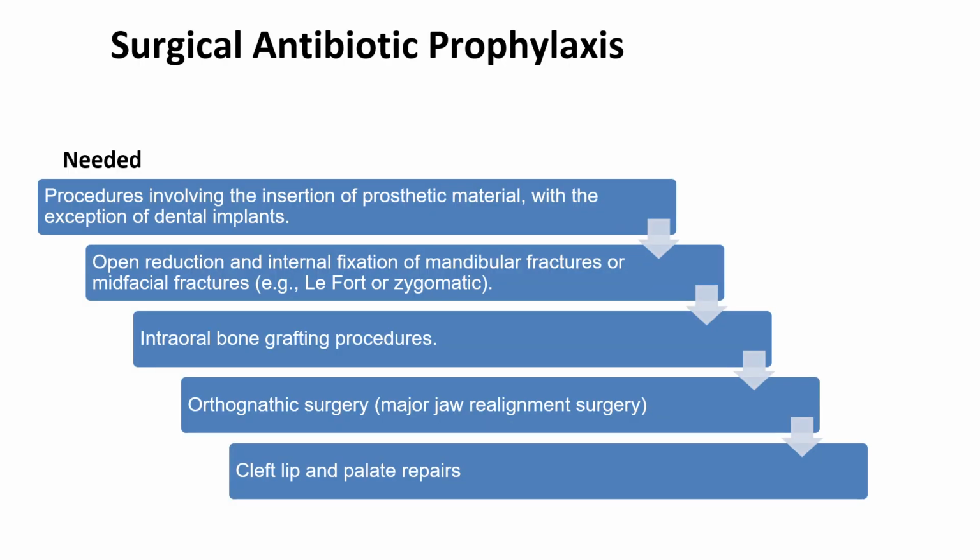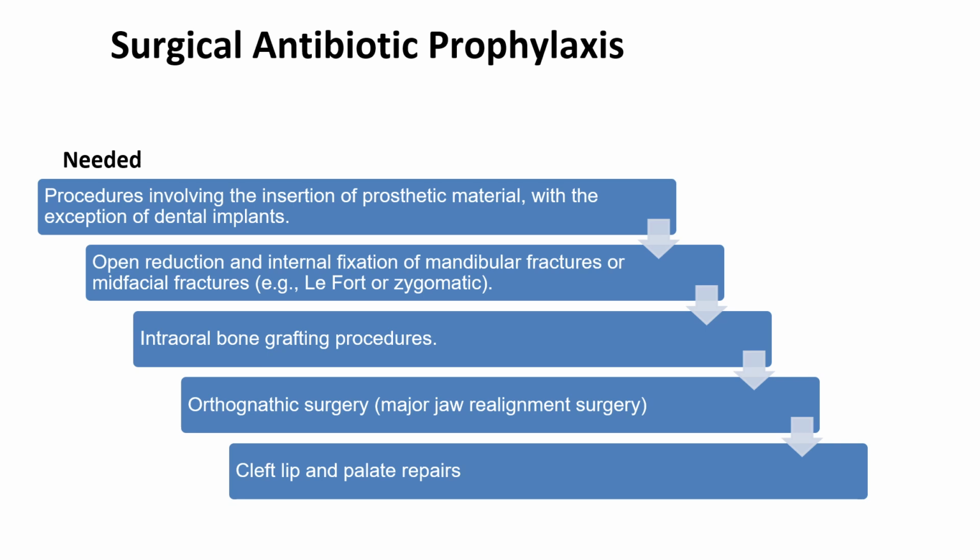Now, there are some things which have been mentioned for surgical antibiotic prophylaxis. I'll just keep it fast: complex things like insertion of a prosthetic material other than dental implants. So just remember this: antibiotic prophylaxis or surgical antibiotic prophylaxis is not required during the placement of dental implants.